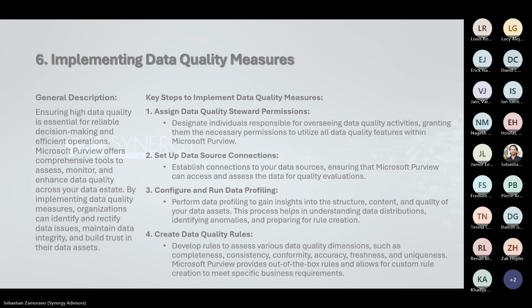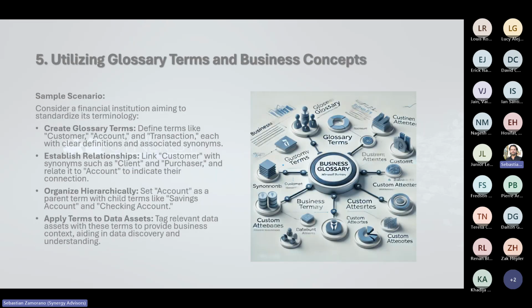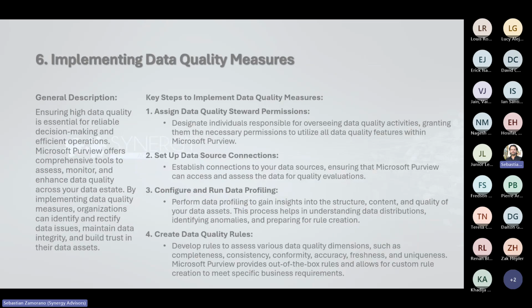Here, I believe the most complex part begins when we work with data catalog, because we need to understand very well the structure of the data. We need to understand the data model for all the information that we are collecting through data map.